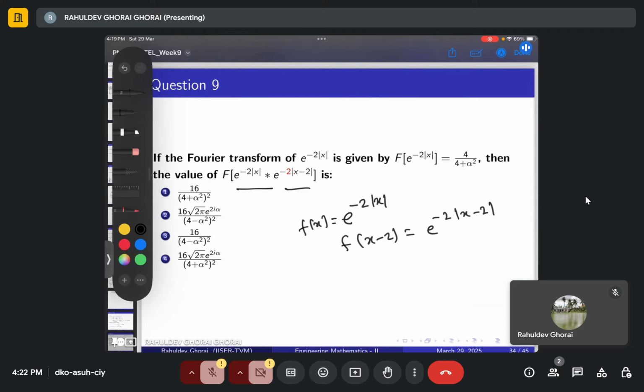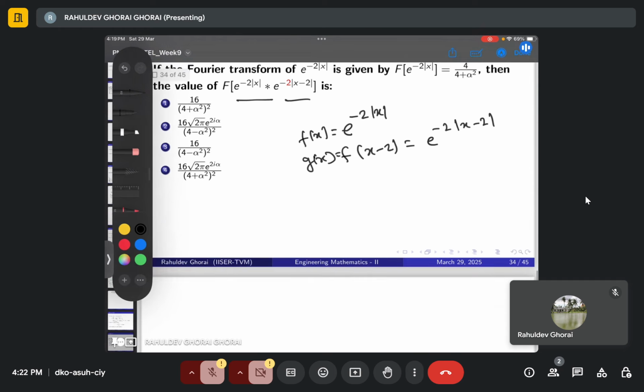Now you assume this as g(x). Then what you need to find is the Fourier transform of f(x) times g(x). This is not a convolution product, this is a product.